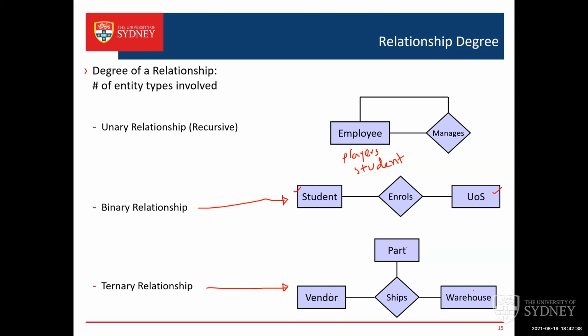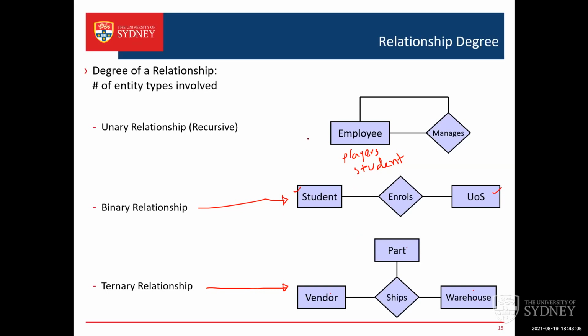Someone is asking, in unary, is the diamond a subset of a square? Not actually subset. Next week we will learn how we'll represent that one as a separate table if needed. Or if needed, we can create that one as a subset. So depending on the specification, we can do both for the unary relationship.